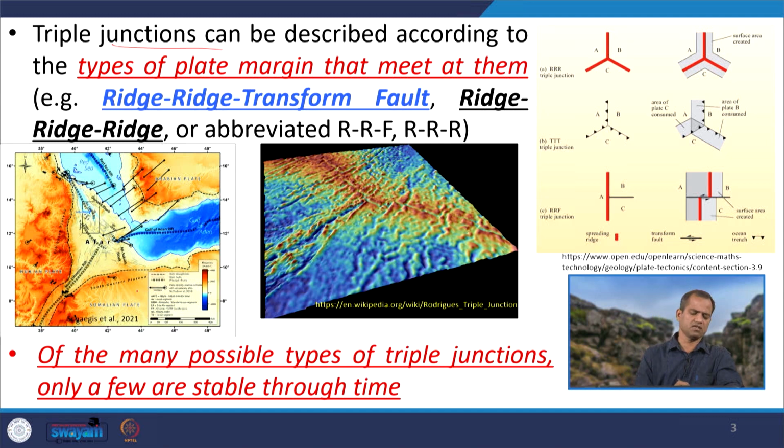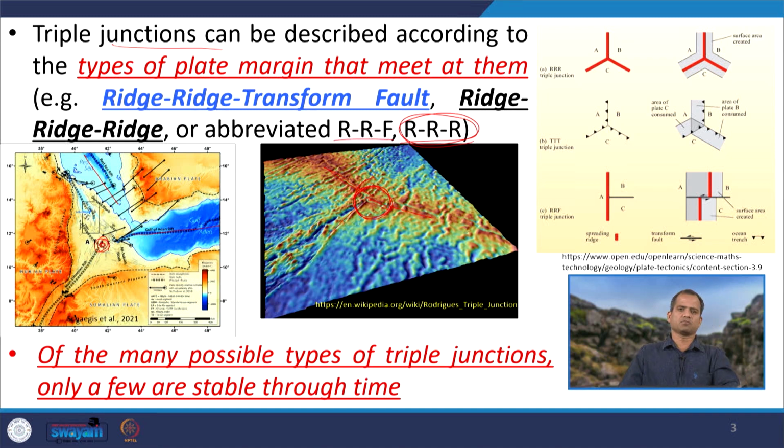For example, here is a given triple junction, that is RRR. So, three plates are meeting through their ridges at this point. Similarly, here one ridge is from the Red Sea, another ridge is from the Gulf of Aden, and here it is a transform fault. So, this triple junction is RRF.